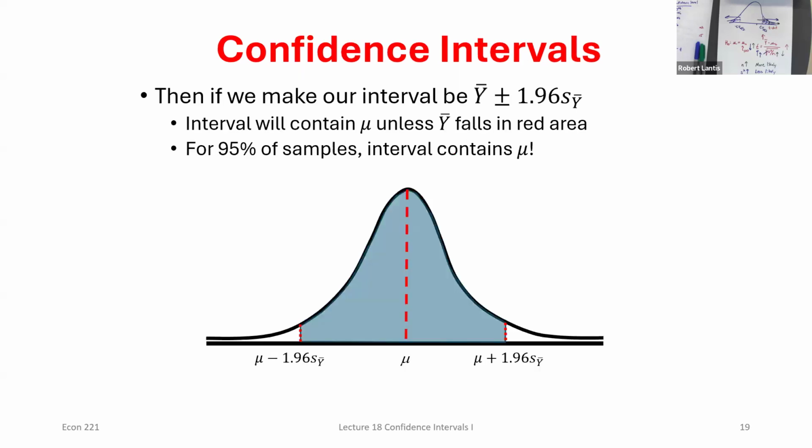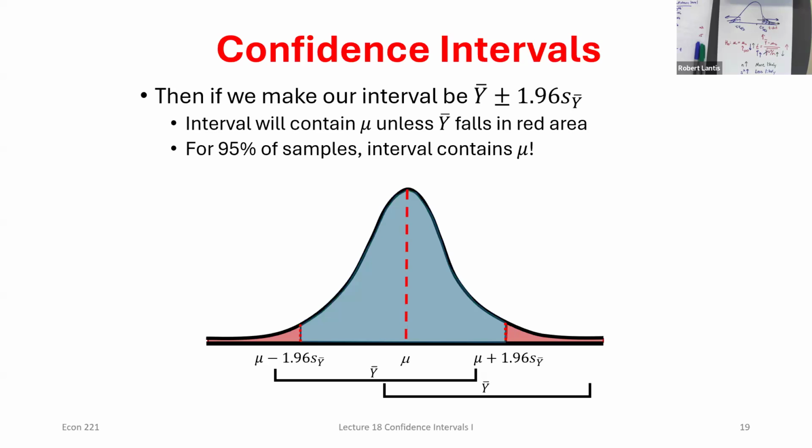Let's say I have the same setup. I take a sample and I see this sample mean. Well, it's less than 1.96 standard deviations away, right? This would be 1.9. So if I build a confidence interval around this by going 1.96 standard deviations above and below, my upper bound in this case would go past whatever that true population mean is.